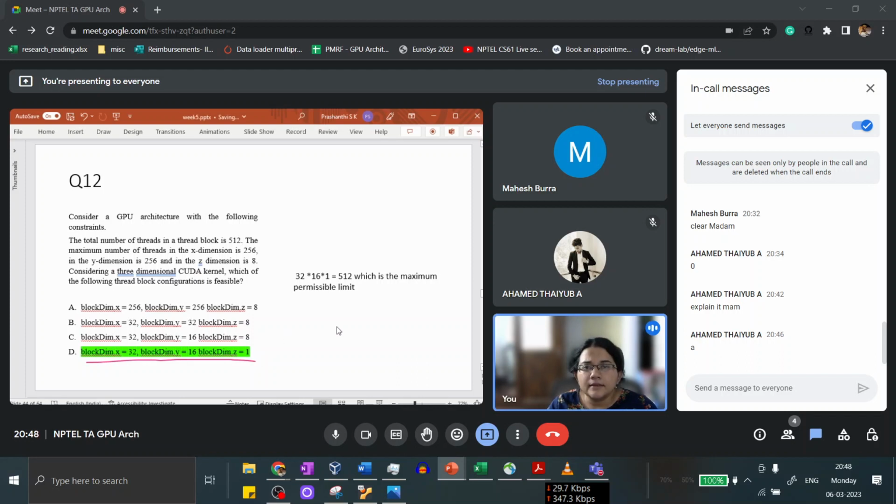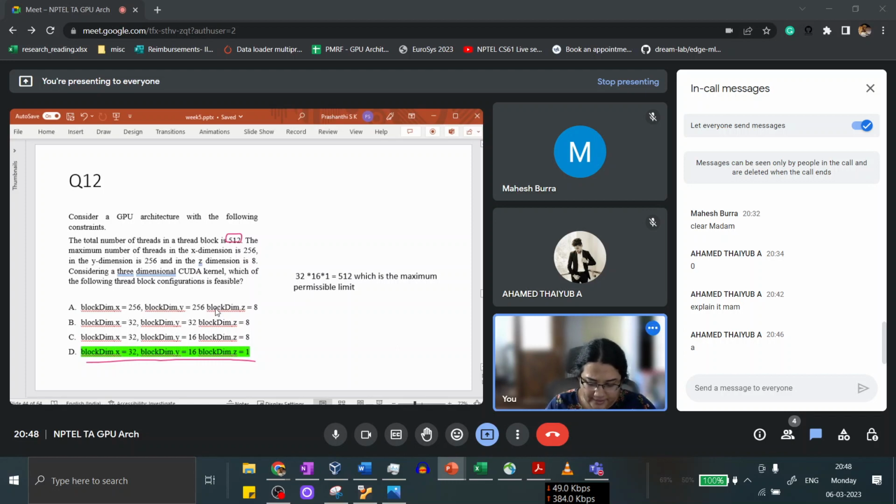So, the other thing to keep in mind is also this limit of 512, right? So if you have the maximum number of threads in a thread block as 512, then 32 into 16 into 8. All of these I think will be greater than 512.